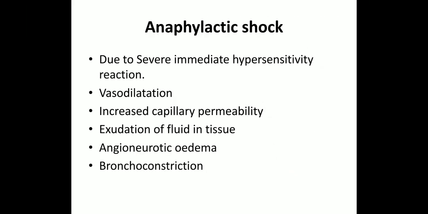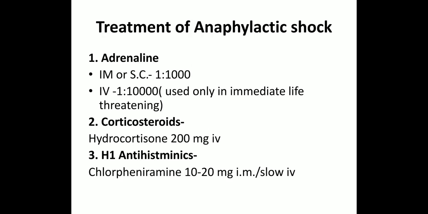Next is anaphylactic shock. It is due to a severe immediate hypersensitivity reaction, mostly type 1, and it causes vasodilation. With vasodilation there is increased capillary permeability, exudation of fluid, angioedema can occur, and it also leads to bronchoconstriction. Mostly insect bites or some drugs like penicillin cause anaphylactic shock.